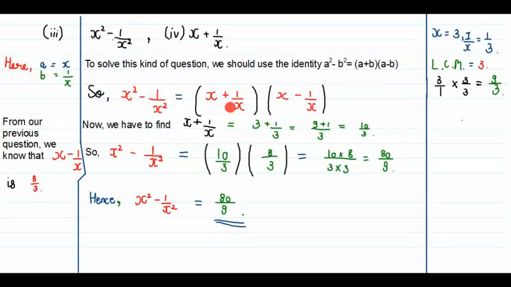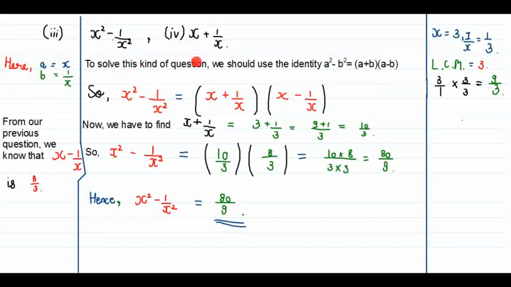So this will be equal to (x plus 1 by x) into (x minus 1 by x), because a is x and b is 1 by x. Similarly here a is x and b is 1 by x, just the sign is being changed from plus to minus. Now we have to find the value of x plus 1 by x, which is also asked in some examinations as a separate question, and not in the question of x square minus 1 by x square.